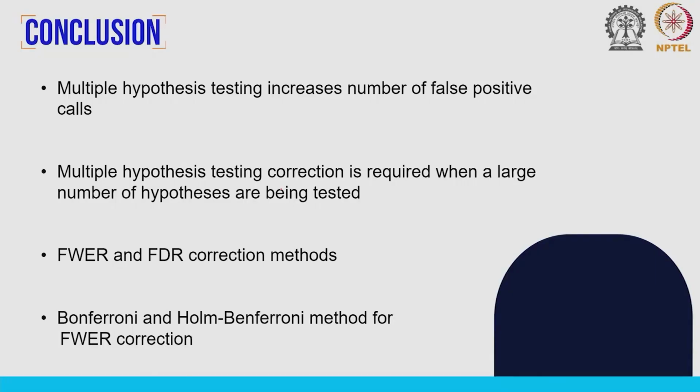The first is Bonferroni correction, and the second is the Holm-Bonferroni method, and we have talked about the drawbacks. One of the drawbacks is that we do a very stringent control of type 1 error, but as a consequence we make a lot of type 2 errors. Now, the goal is to try to balance these two and not to miss a lot of true positive genes. Thank you.